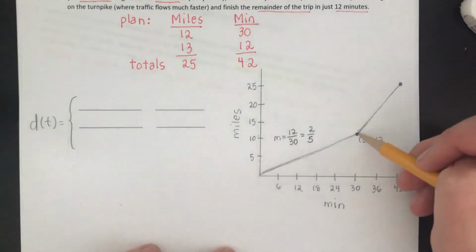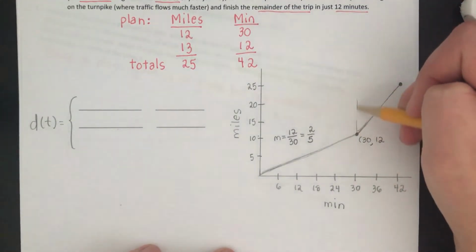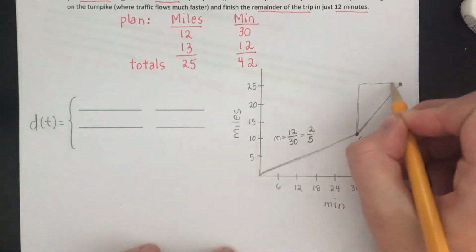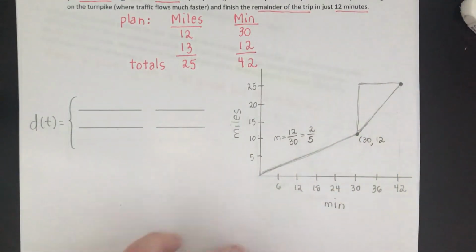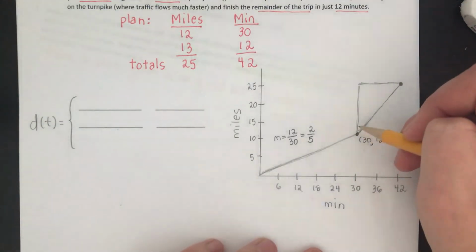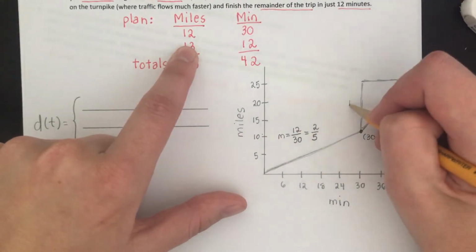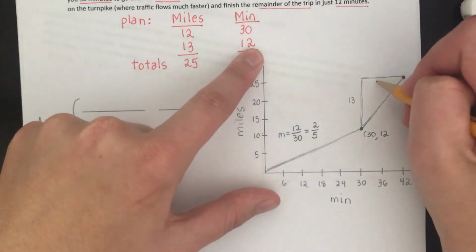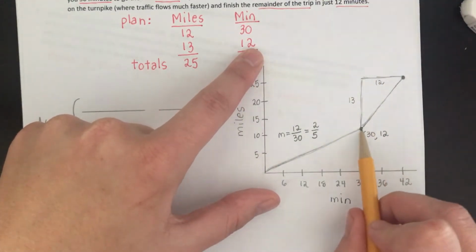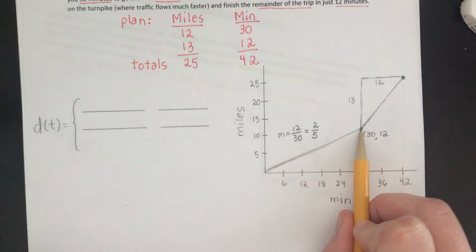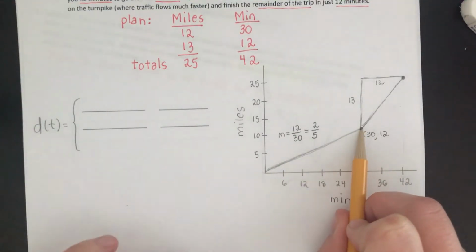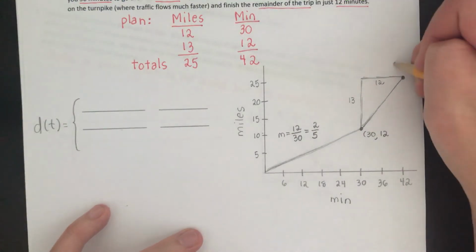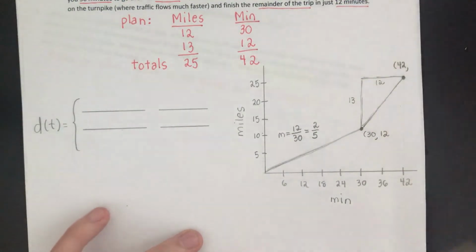So again, let's refresh this. I want to kind of draw in what we traveled versus time. This will help us on our next one. So here, again, remember, we traveled 13 more miles over 12 more minutes. So to go 12 more minutes, we were at 30, we added 12, so that would be 42.